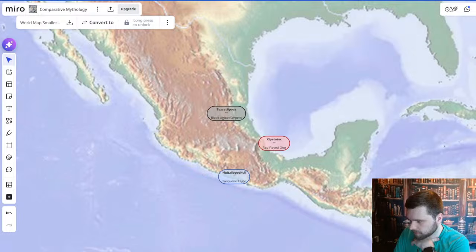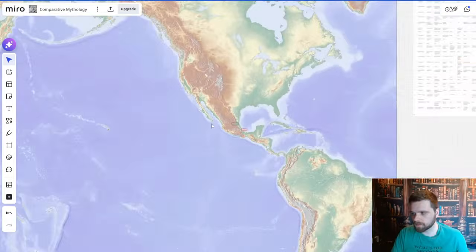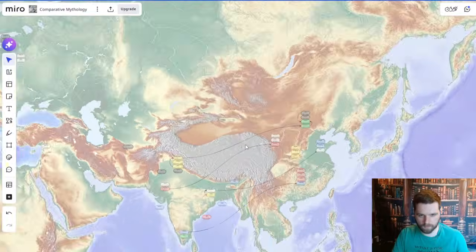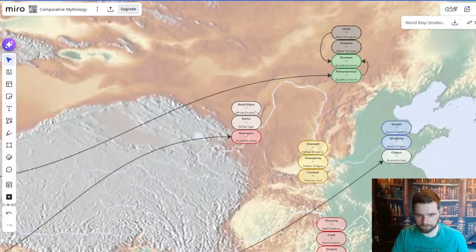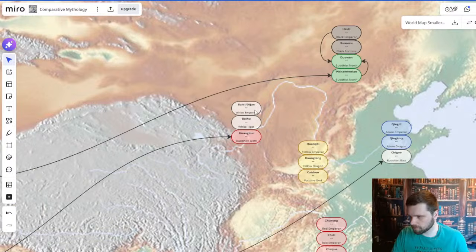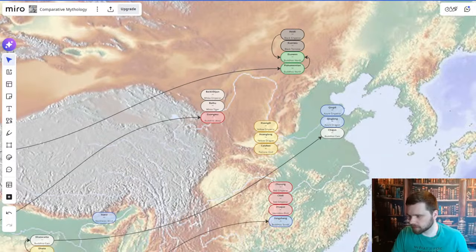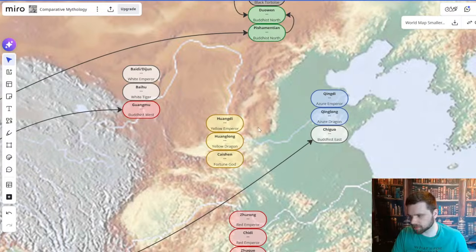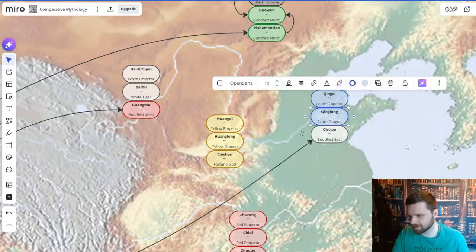All right, the final one is Quetzalcoatl. He's associated with the West, and he is a rainbow serpent, as we know. His color is blue-green. So we got two blue-greens in there.